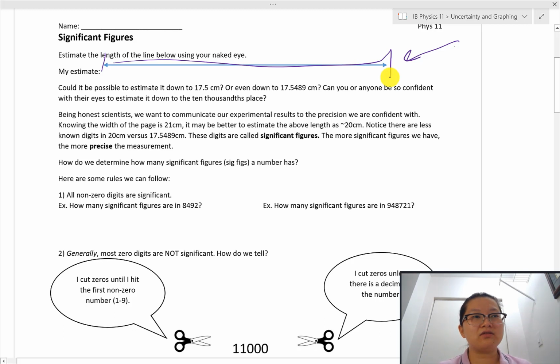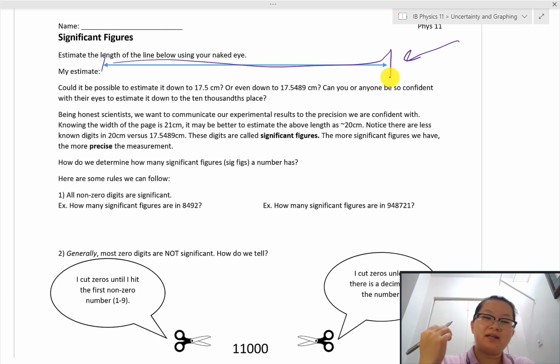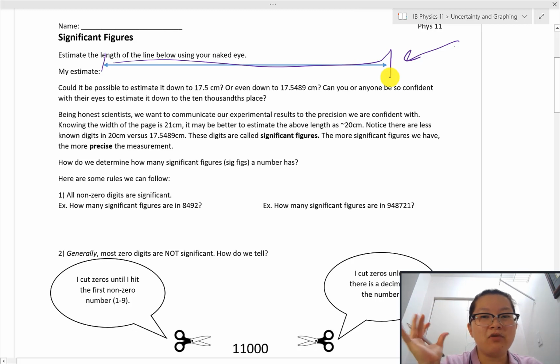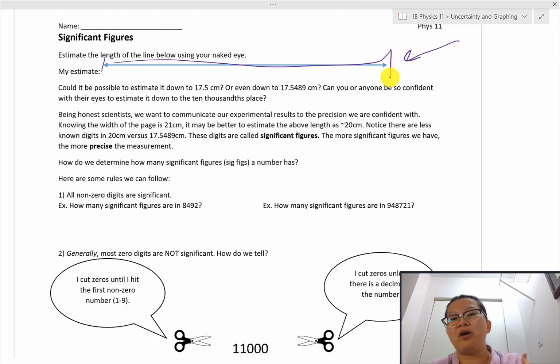So what does it mean to talk about all these digits? If I, for example, make an estimate and say, well, that's roughly 10 centimeters or something, to you it might be more believable because I sound less sure about my measurement, and I've given an estimate which is very general, 10 centimeters, as opposed to 12 point, etc. So in a way, the more digits that I include in my number, the more confident I am with the number itself.